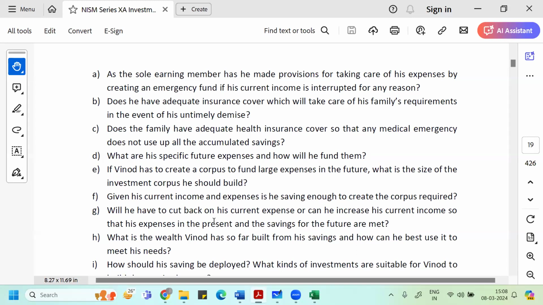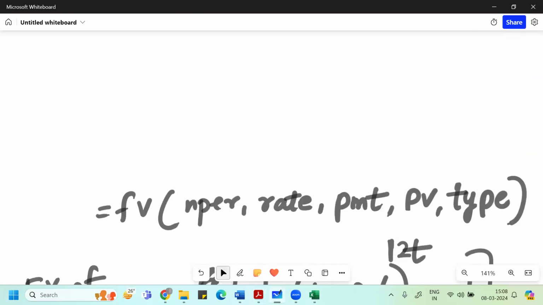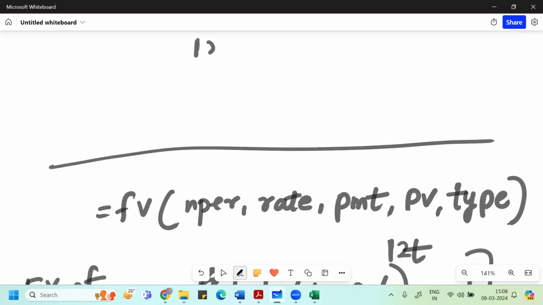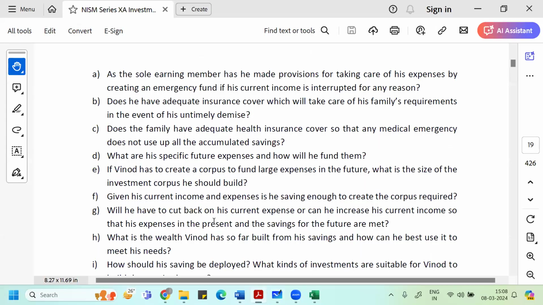So can you become that aggressive in terms of investment, because you have a lot of responsibilities and may not be able to take that much risk in the market? There's a normal saying in the market that 100 minus your age, that percentage of money you should put in equity, and whatever your age is, that percentage of money you should put in a risk-free asset or debt instrument. So you need to consider where you belong.